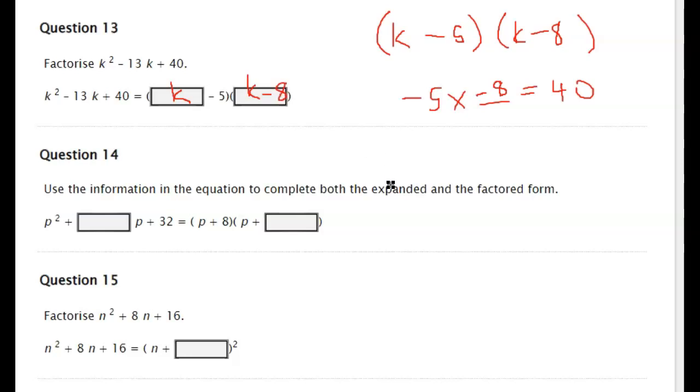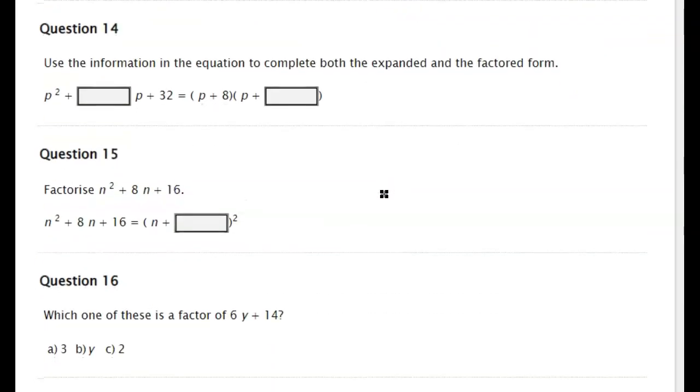All right, moving along. Question 14. Use the information in the equation to complete both the expanded and the factored form. All right, so remember, it's a bit hard to see when you've got those blank spots, but we've got P plus something. Now, these two outside numbers have to give us 32.